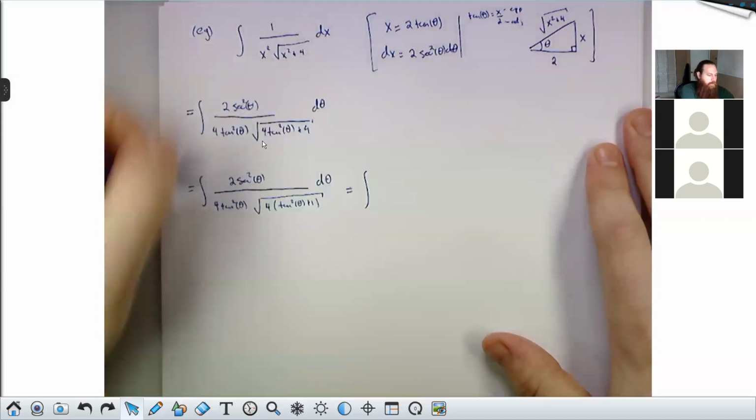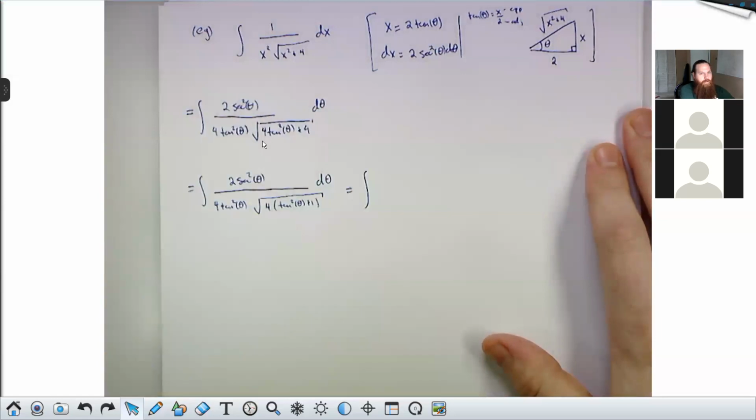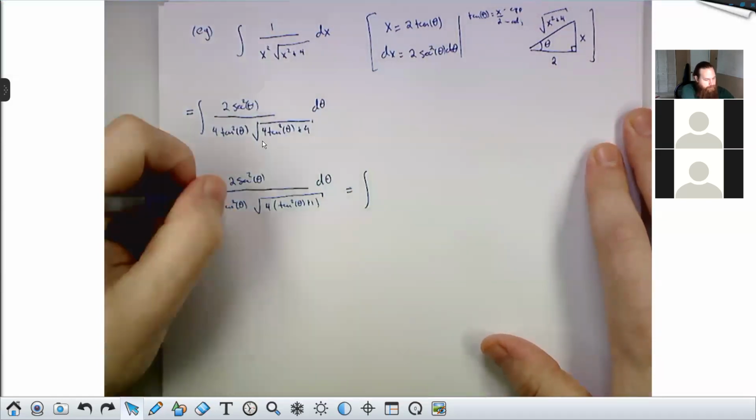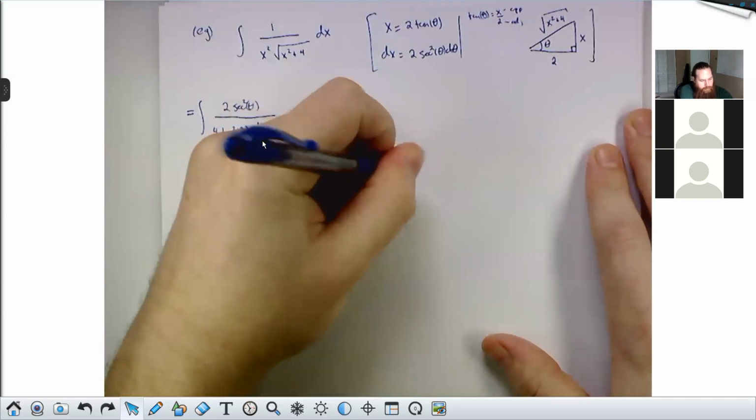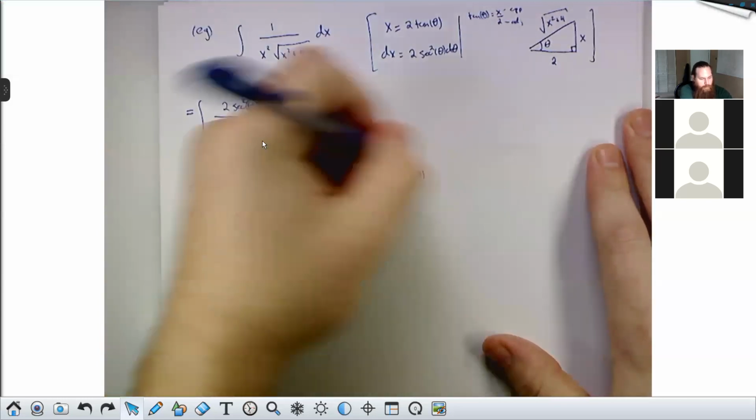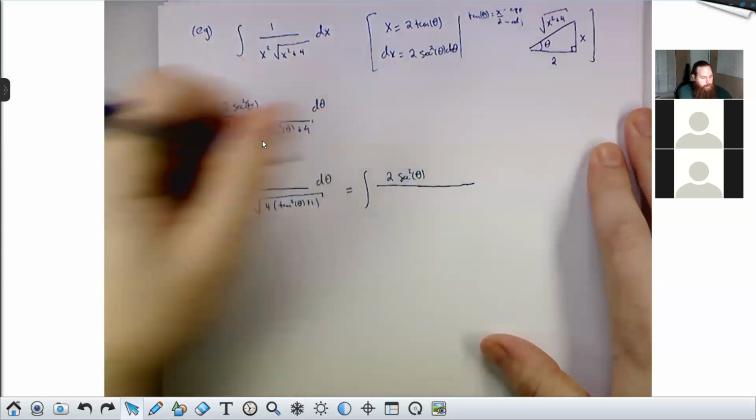Now tan squared theta plus 1, that's secant squared. You notice I'm not doing anything with these constants until after I simplify the square root. It makes life easier. Figure out what's going on with all the constants, and then we'll pull it out.